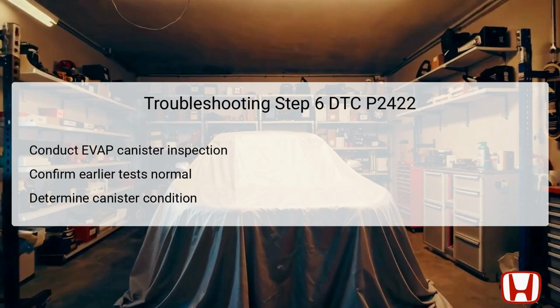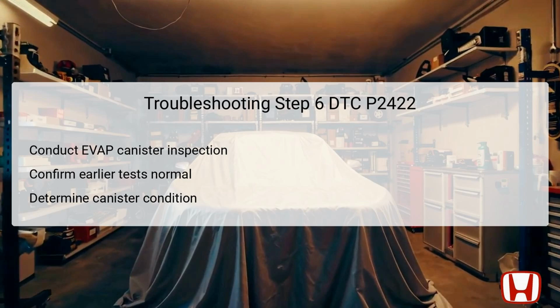This step should only be undertaken if all previous inspections have indicated normal conditions, suggesting that the other components are functioning correctly. If you reach this step, the EVAP canister itself is highly suspect as the source of the problem. During this inspection, check for any signs of damage, leaks, or contamination, as these can all adversely affect its operation.